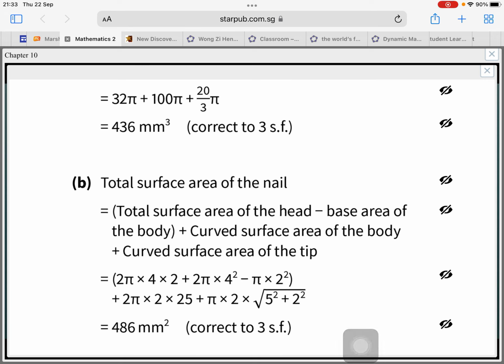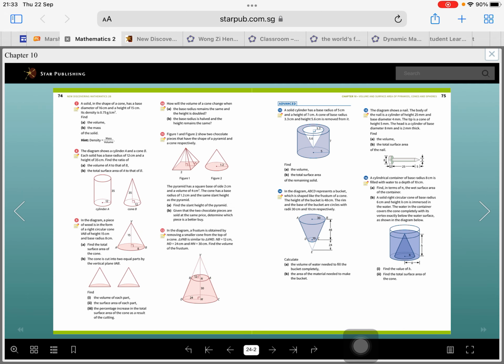And the total surface area of the nail is about 486 millimeters square. That's for question 15. It's still pretty straightforward, just a more tedious question.